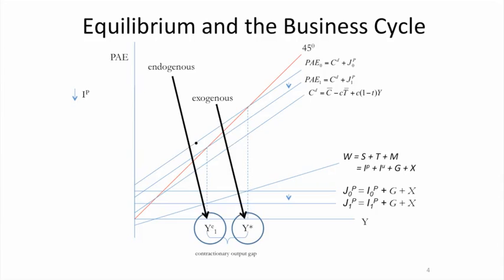And I think it's a very powerful statement about the actual nature of the business cycle and what this particular piece of analysis brings to our thinking about business cycles, the idea that there are endogenous forces in the economy that can bring about an equilibrium that's different from the exogenously given potential GDP.